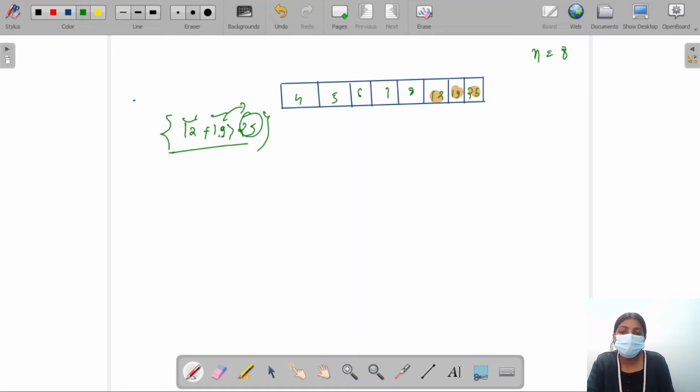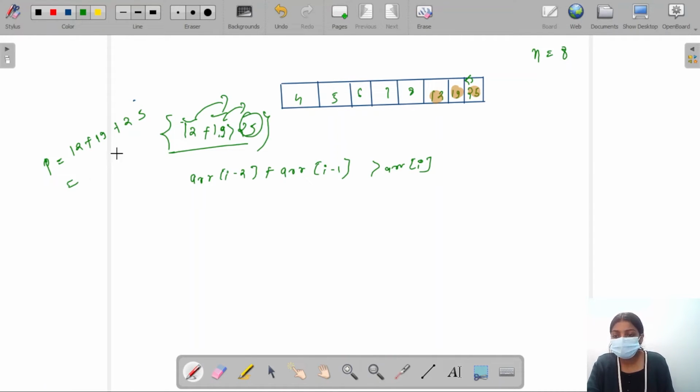Adding anything to 25 will also be greater than 19 and 12. So if this condition is satisfied, that is, arr of i minus 2 plus arr of i minus 1 is greater than arr of i, then these three sides form a triangle, and my perimeter is 12 plus 19 plus 25, which is 31 plus 25, which equals 56.